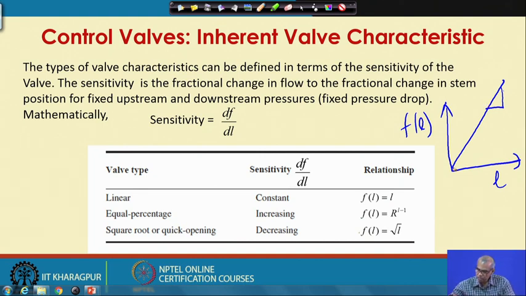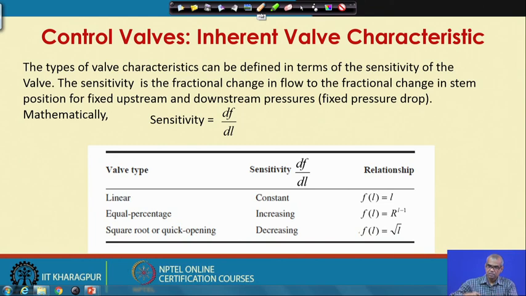For equal percentage, you have a relationship like this, so you can check the sensitivity is increasing. And for a quick opening or square root valve, it shows this relationship between f of l and l, and here the sensitivity is decreasing. It is increasing or decreasing with change in the lift of the stem.